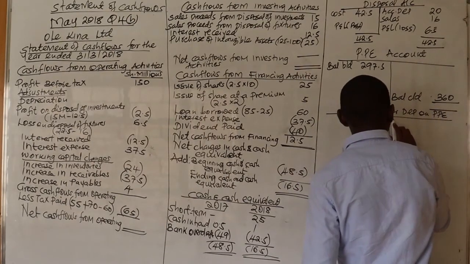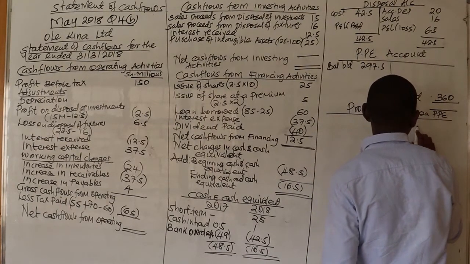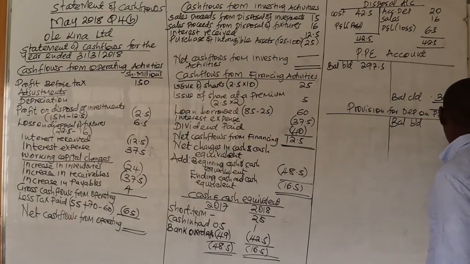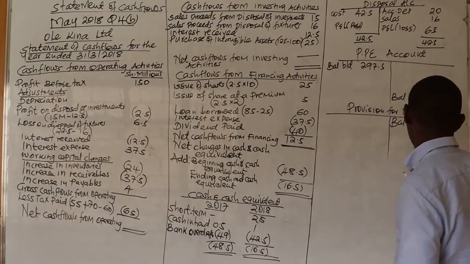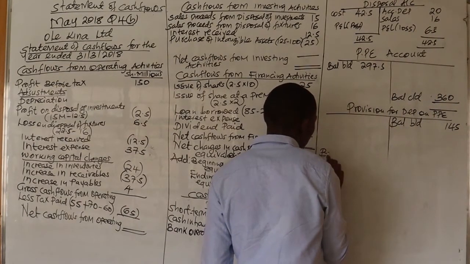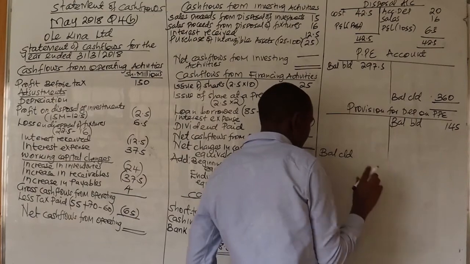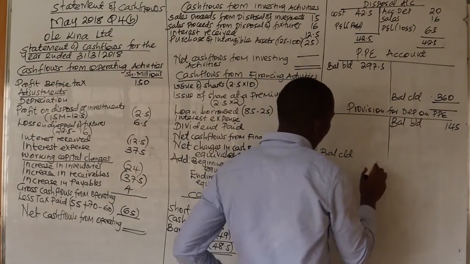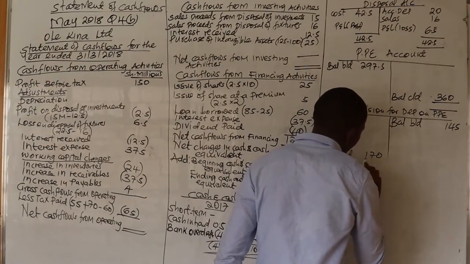For the accumulated depreciation, the same. The balance brought down we've been given there, which is 145. The balance carried down, the same, we've been given there, and the balance carried down is a value of 170.